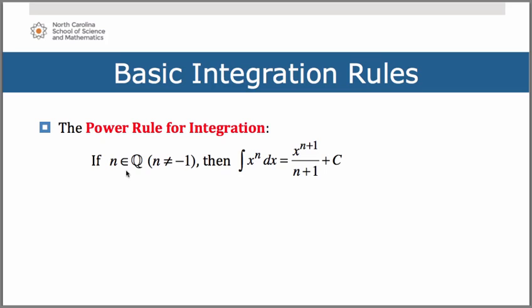So if n is an element of the rational numbers, but n cannot equal -1, hopefully it makes sense as to why, we'll talk a little bit more about that in a little bit, then the antiderivative of x to the n dx is equal to x raised to the n plus 1 power divided by n plus 1. So you're adding 1 onto the exponent and then dividing by that new exponent, plus c. This is the rule that hopefully you figured out for yourself through our introductory activity.